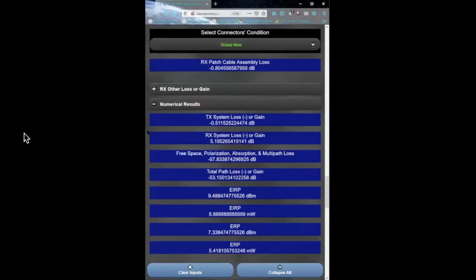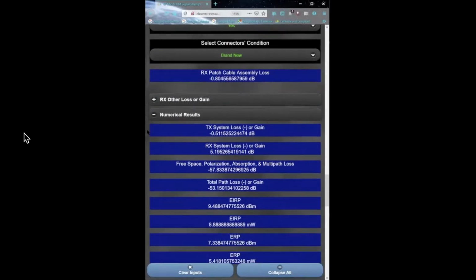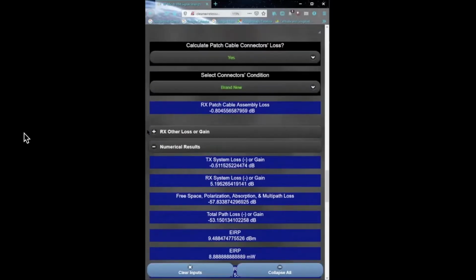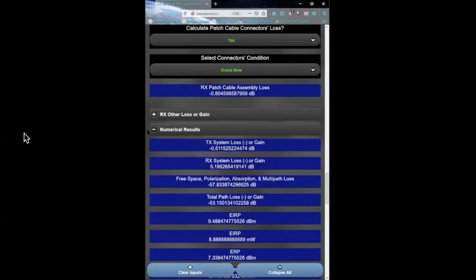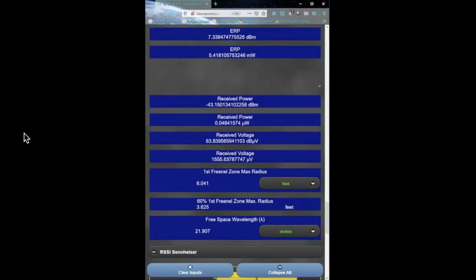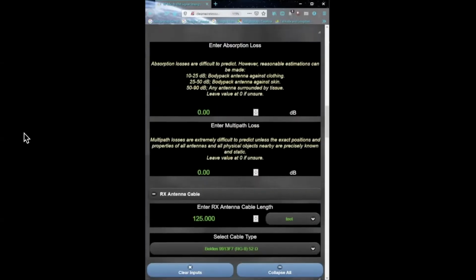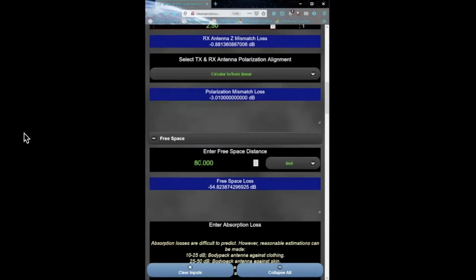It just so happens that almost all of my paths on my multi-zone on CMA Fest on the main stage, well, I should say on the main stage zone, including my in-ear monitors, are all close to identical. So this is a good rule of thumb to know that that system will work. But the other thing I want to point out here, this received voltage, I want to manipulate now this free space distance to try to get that number to 1,000.